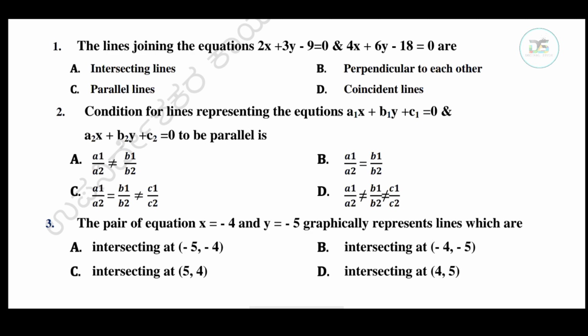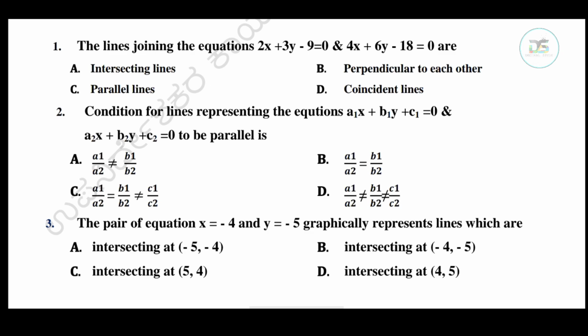Options are a1 divided by a2 is not equal to b1 divided by b2; a1 divided by a2 is equals to b1 divided by b2; a1 divided by a2 is equals to b1 divided by b2 is not equal to c1 divided by c2; a1 divided by a2 is not equal to b1 divided by b2 is not equal to c1 divided by c2. Here the right answer is option C.